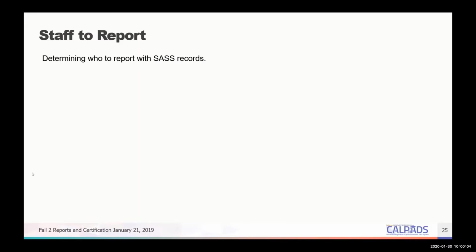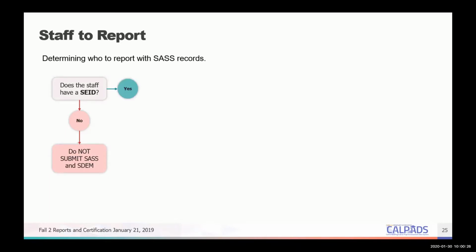Okay, so here's a basic way to determine who should be reported with an SDM as well as an SASS record. The first question is, does the staff member have a SEID, which is a basic requirement? If no, then you do not submit a SASS or SDM record.